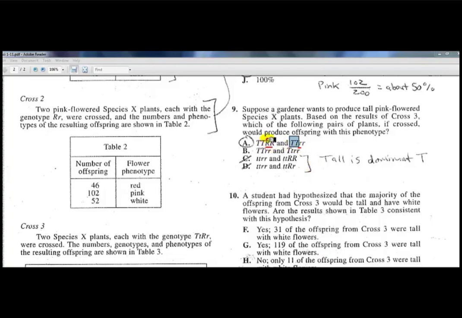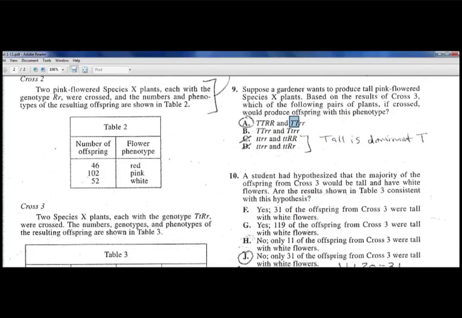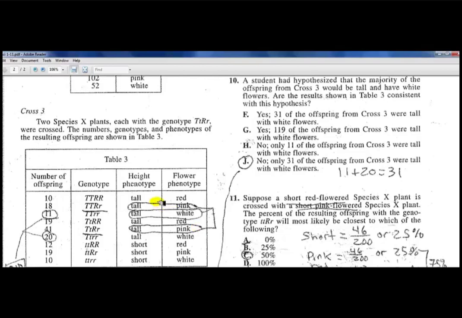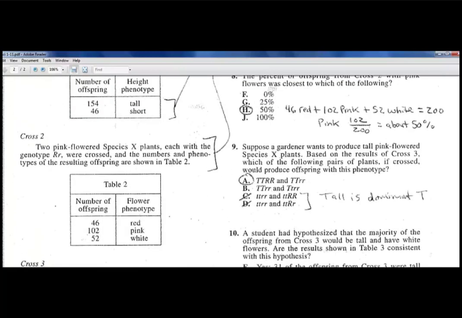So if you take this one and combine it with the small one, you get capital R, small r, and you combine this one, capital R and small r, with this one, you get R, R. And remember from the table below, capital T, capital R, small r right here is the genotype that will produce pink. The correct answer, therefore, is going to be answer choice A.